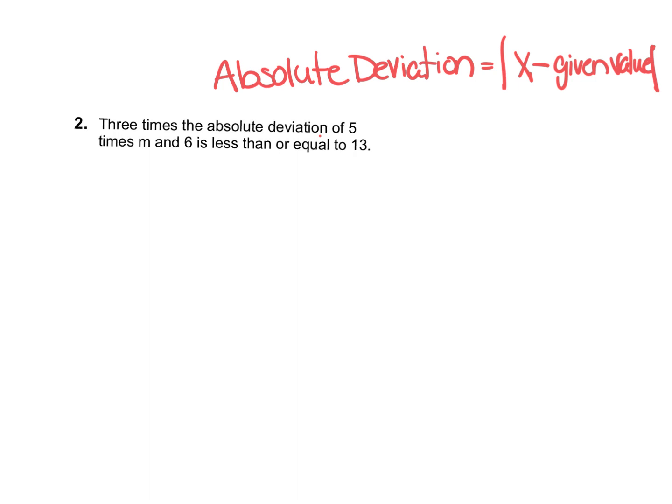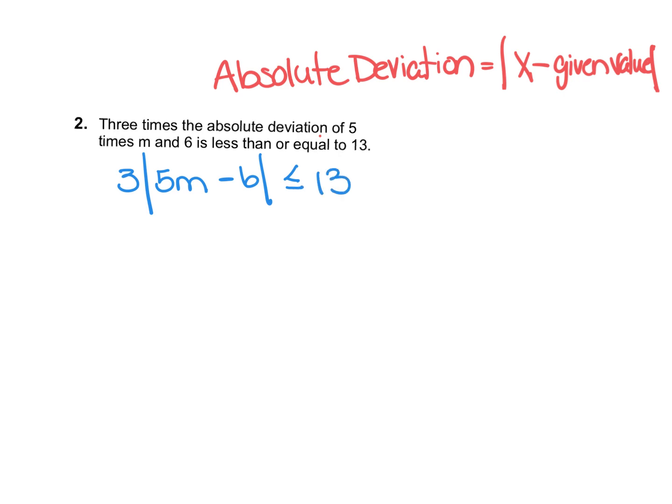So let's go ahead and we're going to then have 3 times the absolute deviation of 5 times m and 6. Now remember, it's then going to be x, or the variable, minus the given value, and so that's going to be 6. And then that's going to be less than or equal to then 13.